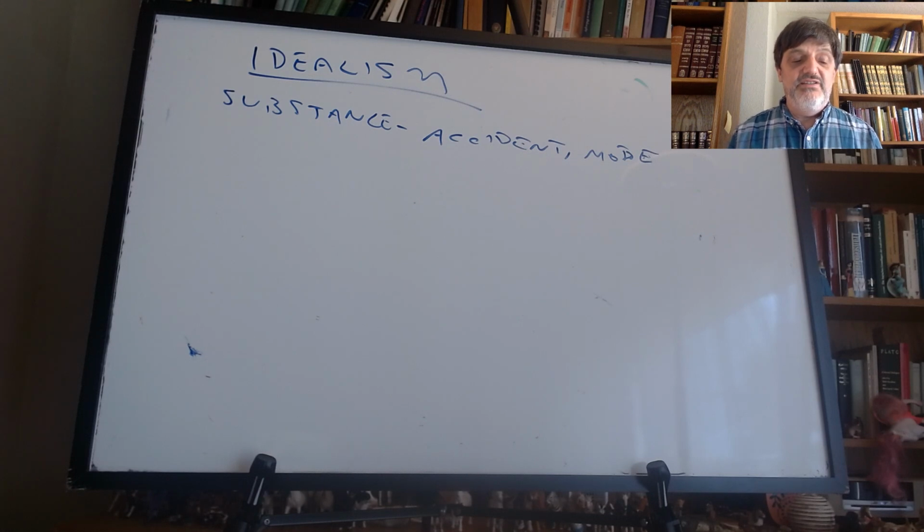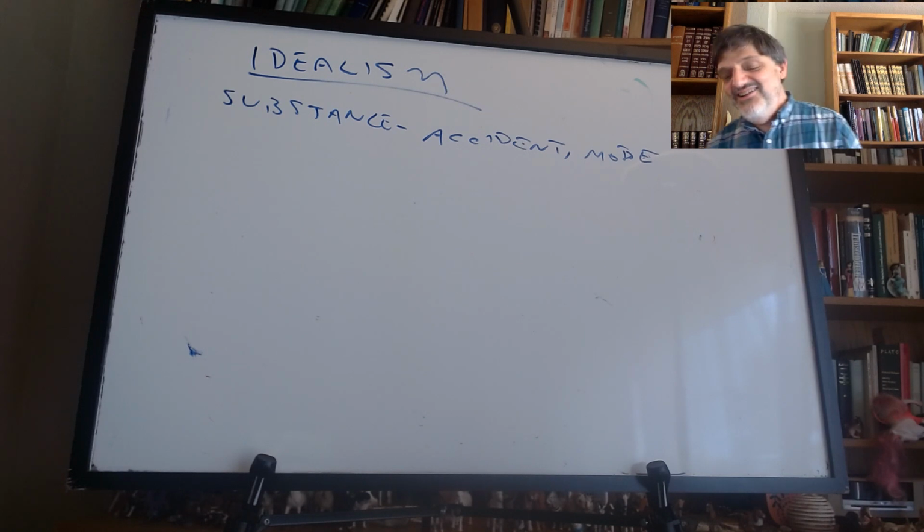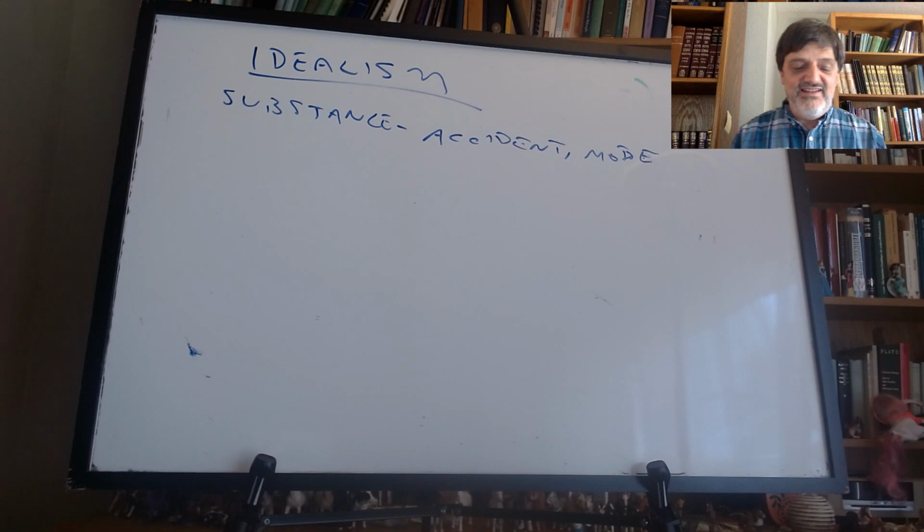Descartes defines substance as what is not in need of anything else for its existence, right? It's something that, so to speak, exists on its own. And then accidents or modes are things that can't exist on their own, but only as properties of a substance. And the prime example of that for Locke is a power.